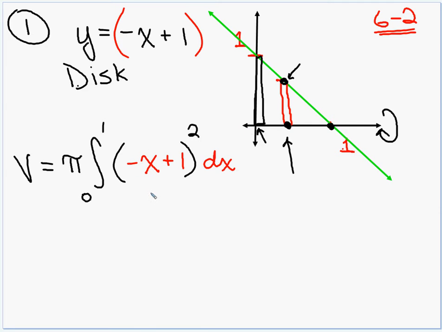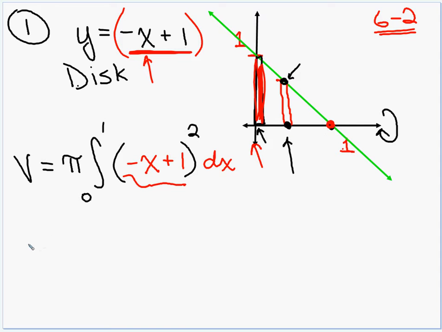So here again, this is just the height of our representative rectangle. What determines the height of this rectangle is our function. At x is 0, negative 0 plus 1 is 1. That's the height of our rectangle. If we put x is 1 in there, negative 1 plus 1 is 0. That's the height of our rectangle at the other end of this area.